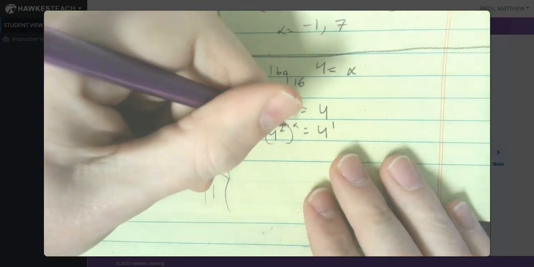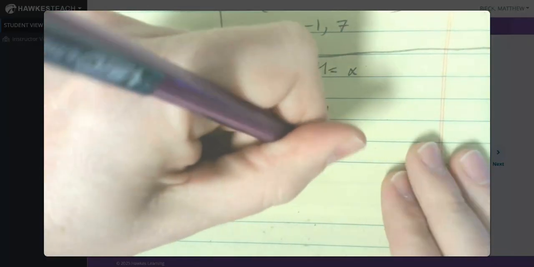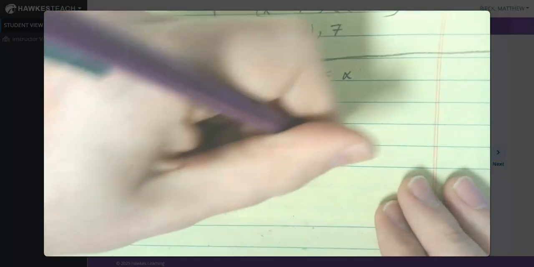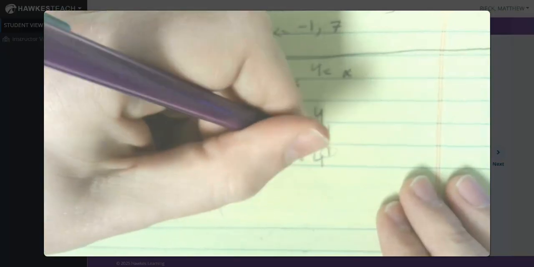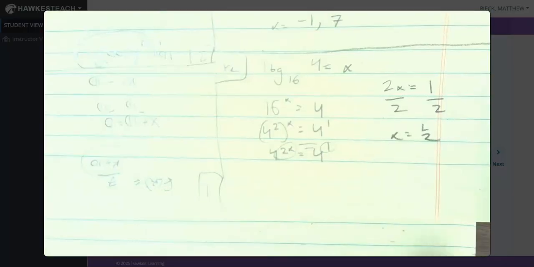When you have an exponential expression raised to a power, you multiply the exponents. So you have 4 to the 2x equals 4 to the first. When we have the same base on each side, we can set the exponents equal to one another. So we have 2x equals 1, divide by 2, so x equals 1/2.